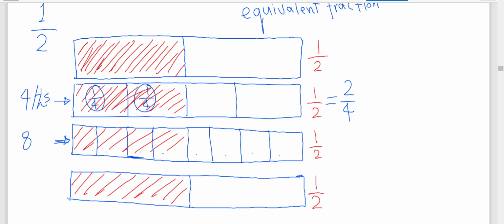So we divided it into 8. Each part is called an eighth. So, how many parts make half? 1, 2, 3, 4. So half equals 4/8.